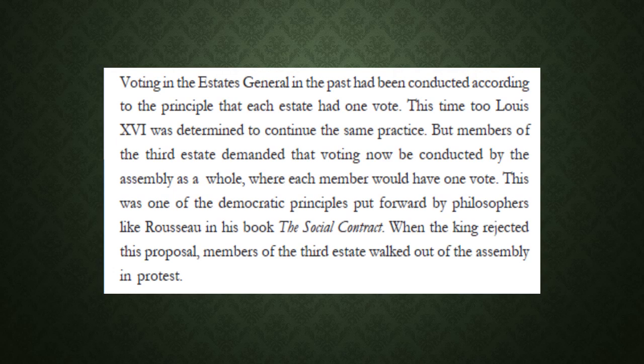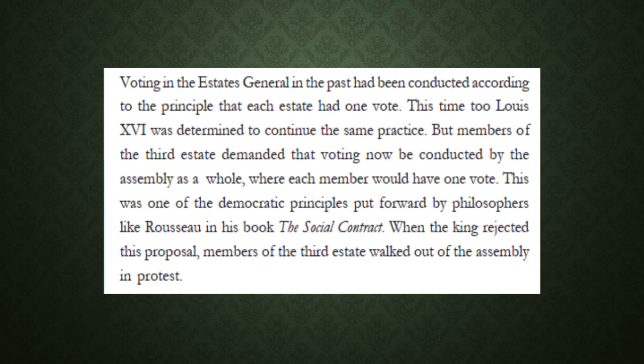At this point, the members of the Third Estate demanded that voting be conducted for the whole assembly, that is, one member, one vote. And this was one of the most important democratic principles recommended by Rousseau in his book The Social Contract. The king rejected this proposal, and finally the members of the Third Estate walked out of the assembly to show their protest.